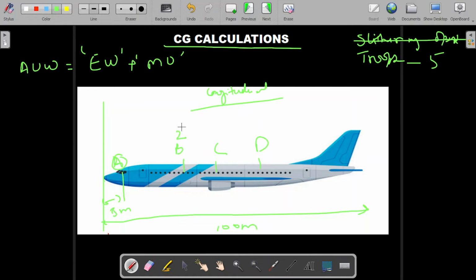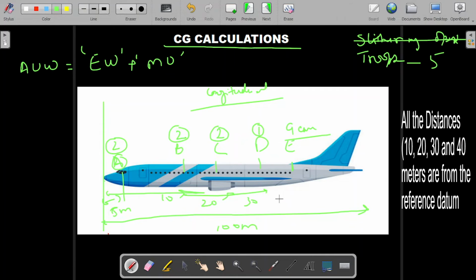So 2 pilot and co-pilot are sitting here, 2 troops are here and 1 is here. And let's say they are carrying gear at point E. I'll say gear. Okay, let's see the distance. This is 5 meters, this is 10 meters, this will be 20, this will be 30, this will be 40.